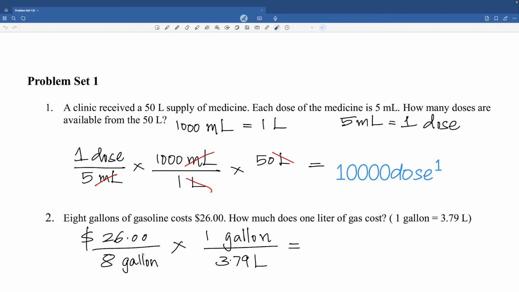See that? And then since we need to get rid of gallons, use the conversion. 1 gallon is 3.79 liters, which means you will now get rid of gallons, both will get cancelled, and you're going to get the answer as so many dollars per liter. So do that math and you must get the answer.